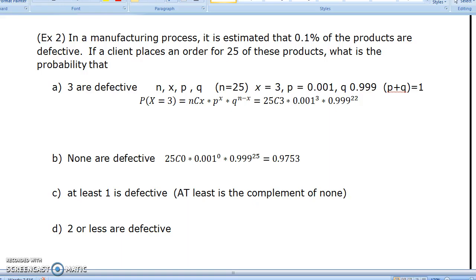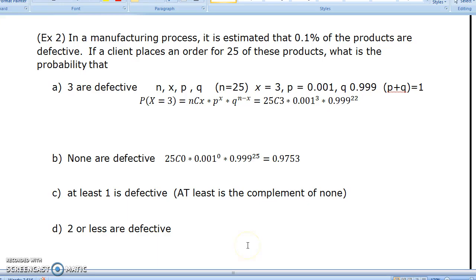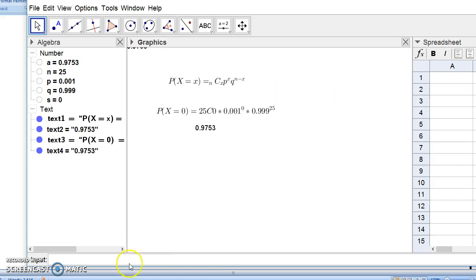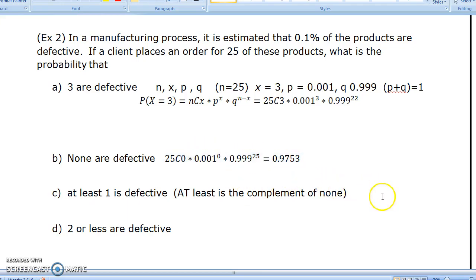So this question is very simple. We just look at the one above it, right? And we go, let's do the calculation here. So we'll go 1 minus a, and we arrive at the answer 0.0247. Okay, that's easy. It's just the complement of the one above.